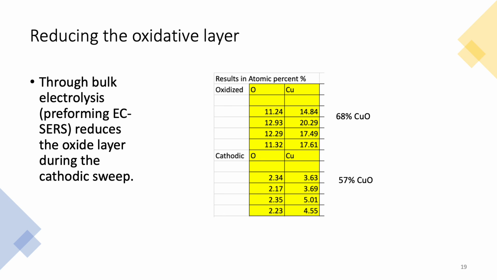So that just goes to show that the reason why we are able to see enhancement of our analyte on an electrode that is so old is because the bulk electrolysis is able to reduce the oxide layer, which couldn't be done in SERS because we don't use a potential. So I was so excited, and I only wanted more.